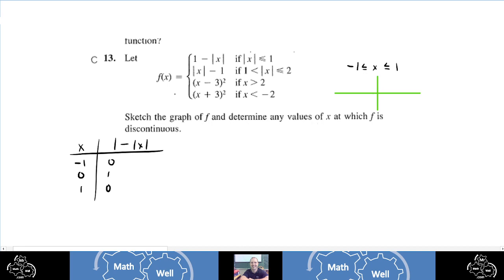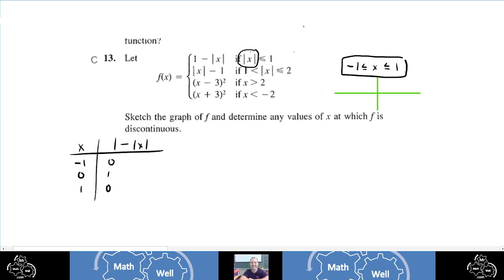So here I started doing some values for this 1 minus absolute value of x. And this might throw a curveball on things. This is basically when the absolute value of x is less than 1, so that's between -1 and 1. When the absolute value of x is less than 1, that means regardless of the sign, the value is less than 1, so it's like a decimal.